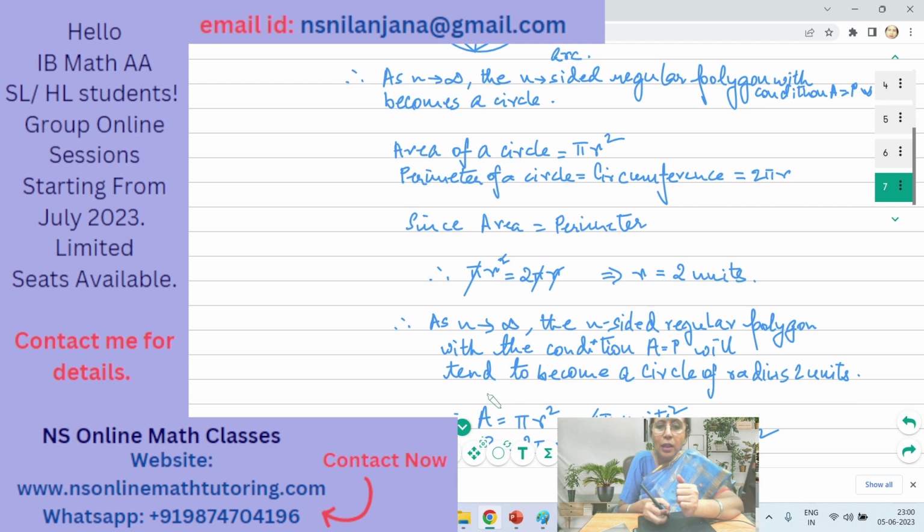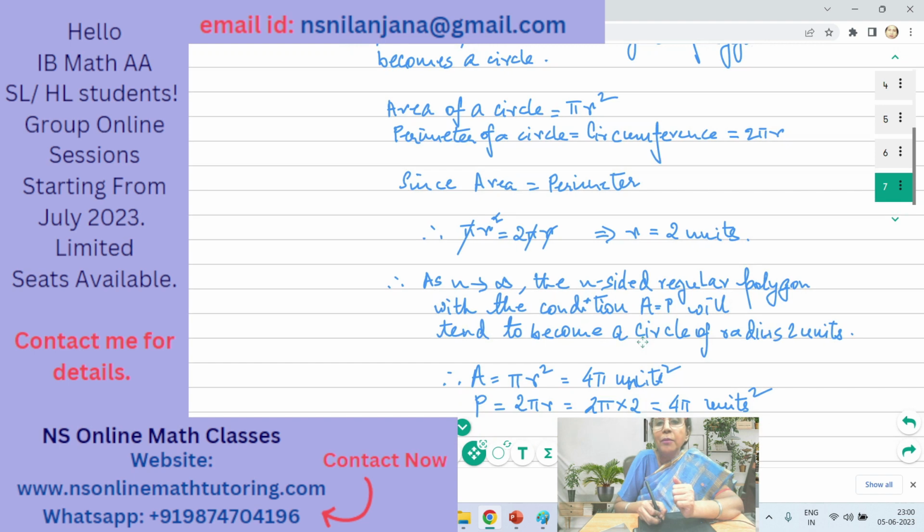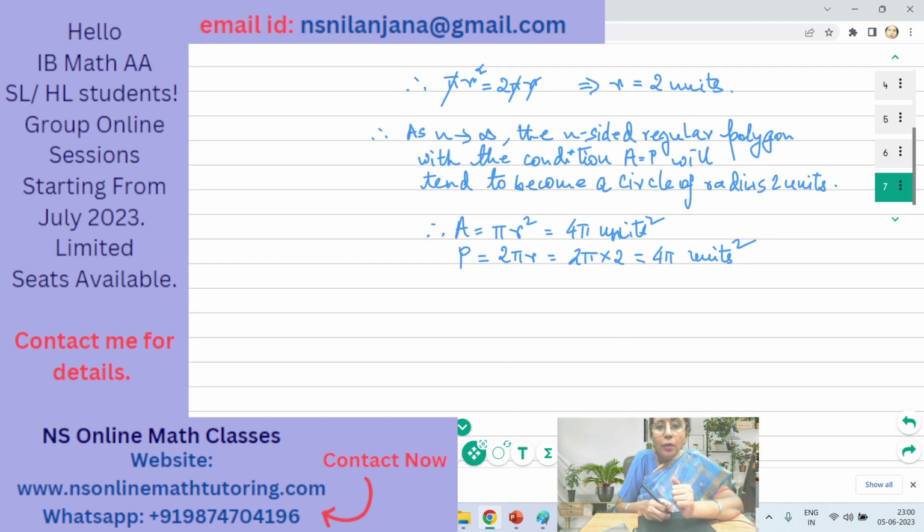Inscribed regular polygon will become a circle. So let me not add the with condition part over here, because the with condition part has to be included when the radius is becoming equal to 2. We are getting the radius equal to 2 by equating these two. So when n is tending towards infinity, the regular polygon is trying to become a circle. That is definite. But when we are imposing this condition that A is equal to P, then the radius of that circle is equal to 2 units. So the area is 4 pi units square and the perimeter is also 4 pi units square.